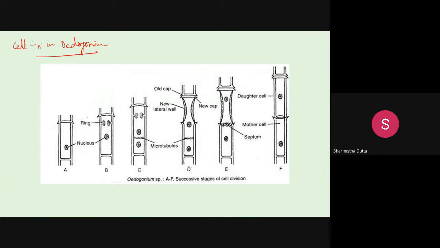As I told you, any matured cell first slightly elongates. The nucleus shifts toward the lower side. And then division of the nucleus takes place. So towards the upper side of the cell, a ring-like invagination occurs.